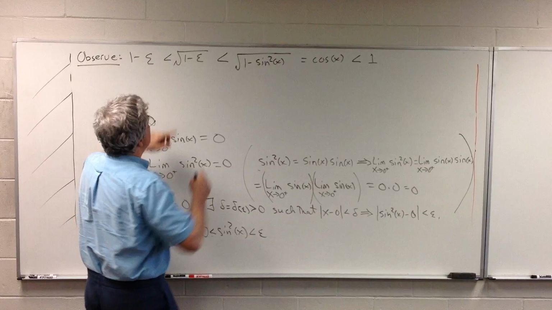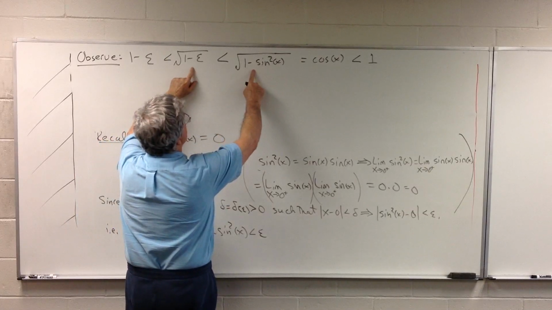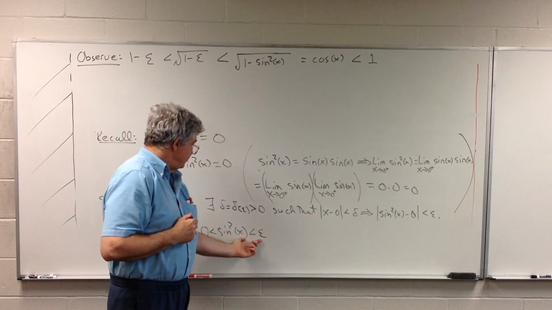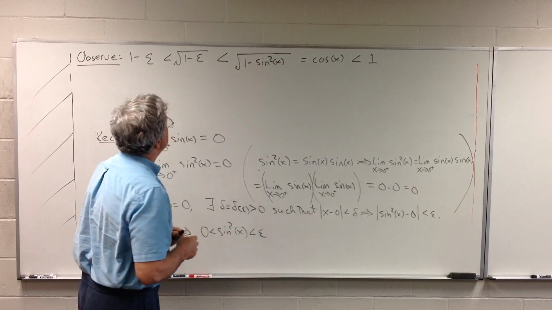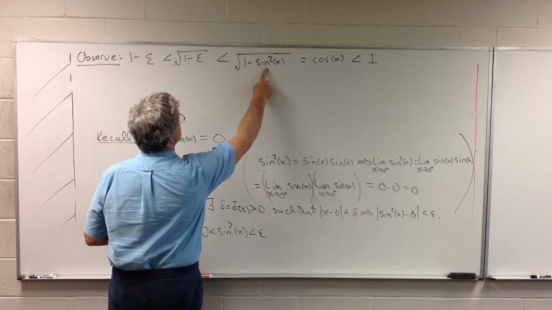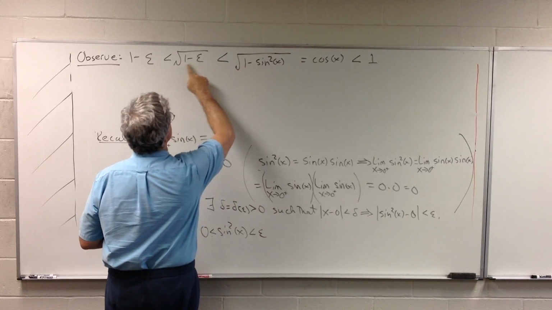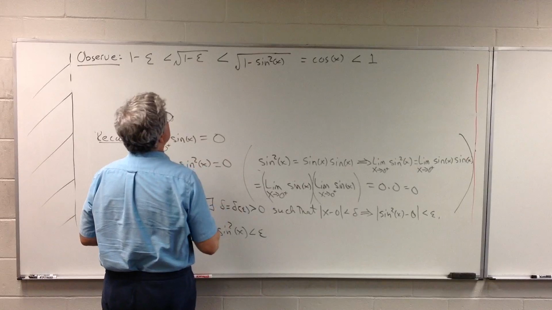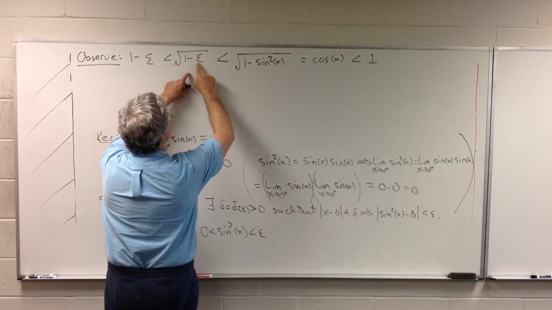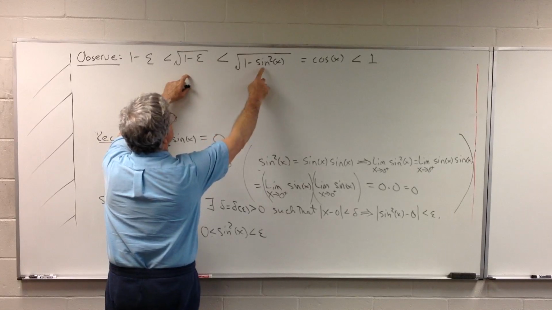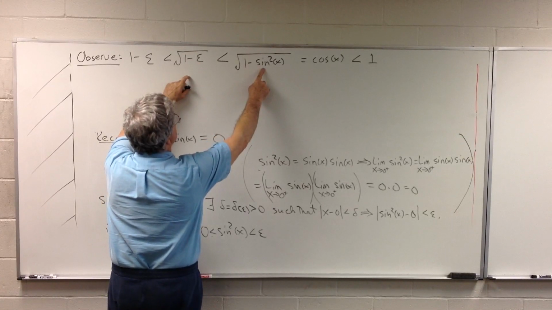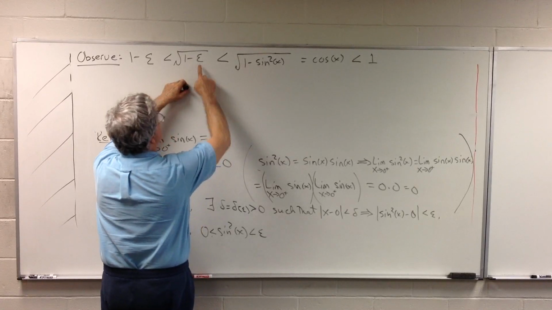And why does this inequality hold? Sine squared x is less than epsilon. So that means that 1 minus sine squared x is larger than 1 minus epsilon, because we're subtracting a larger number from 1 here than we are from here.